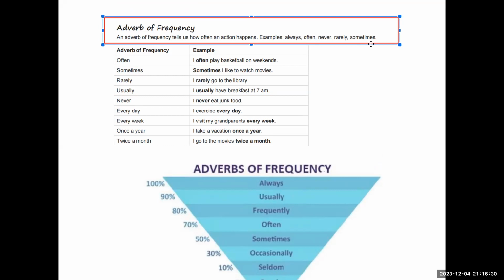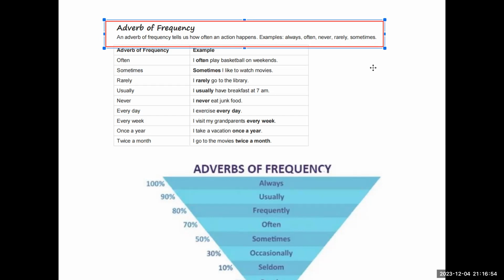Examples: always, often, never, rarely, sometimes. That's correct. So how often, or how often? Okay, both pronunciations of often are correct, so up to you. Often is usually British, and often is American, if I'm correct. But both are correct.